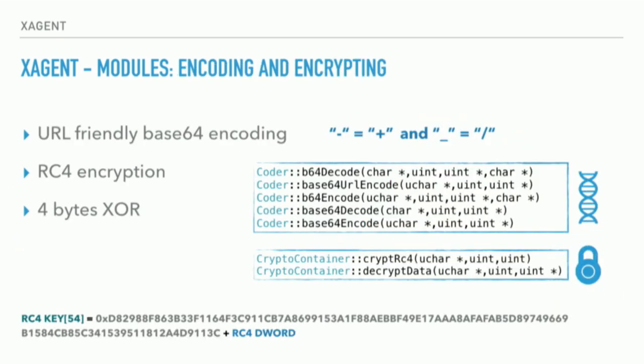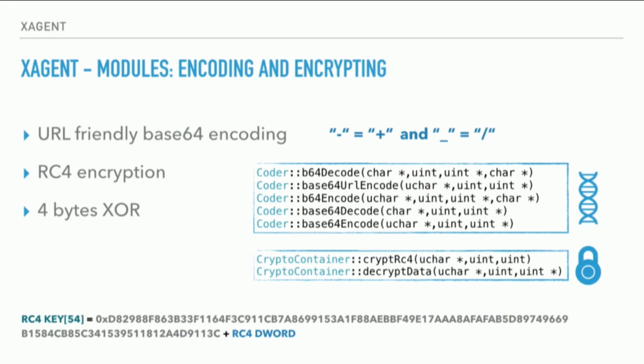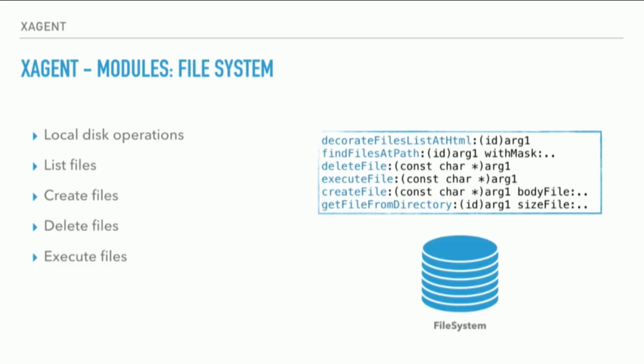The encoding is done using a URL-friendly base64, where minus is replaced with plus, and underscore is replaced with slash. And the encryption module uses an RC4 algorithm with a 54-byte length key, where the first 50 bytes are hard-coded in the sample, and the last 4 bytes are generated every time a new message is sent to the server.